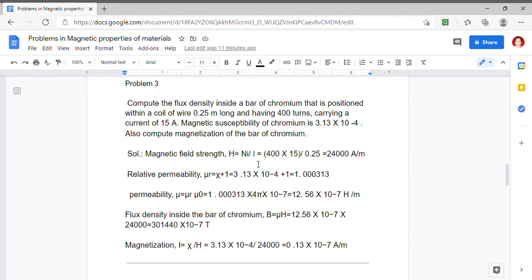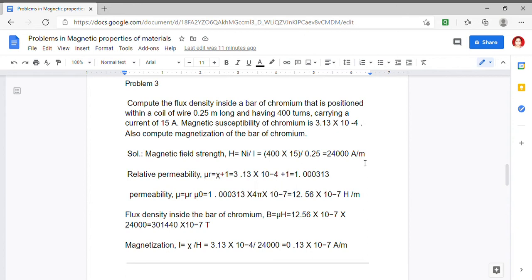Here we have a bar carrying a current of 15 ampere and the length of the wire is 0.25. So putting all these data, we get our magnetic field strength H equal to 24000 ampere per meter.